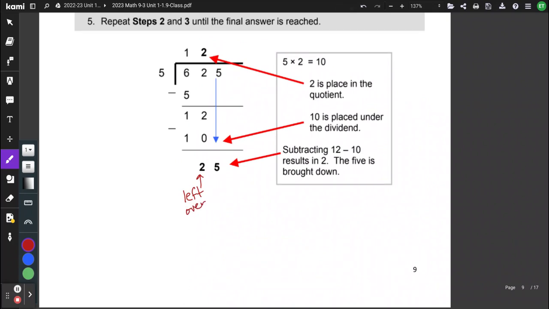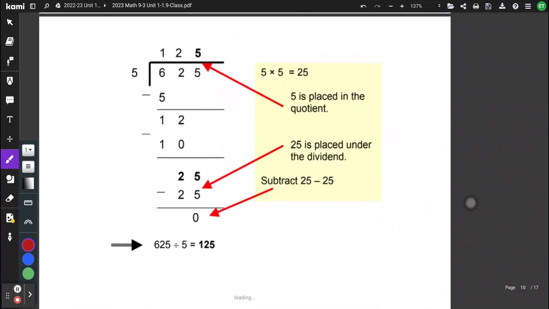Now, 5 doesn't go into 2. 2 is too small. I need the number to be 5 or bigger. That's why they bring the 5 down. They bring that last number down, and now you're going to take 25 dividing into 5. That's on the next page. So 25 divides into 5 times, and then we put our answer here, and we subtract it and get 0.